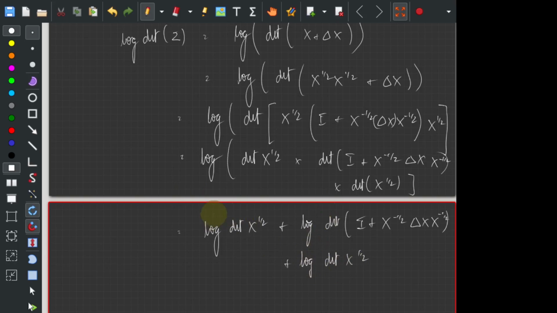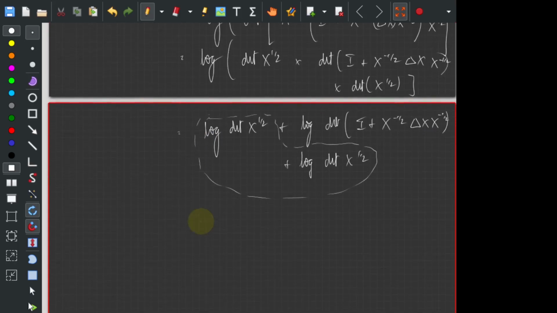But what do these two give me? Plus log of determinant of x.